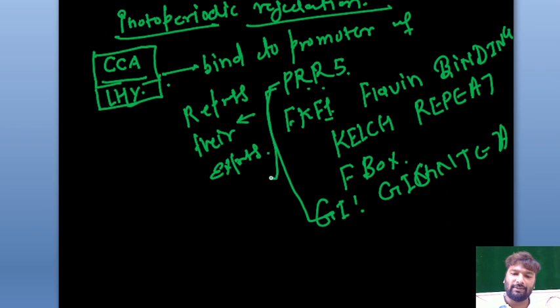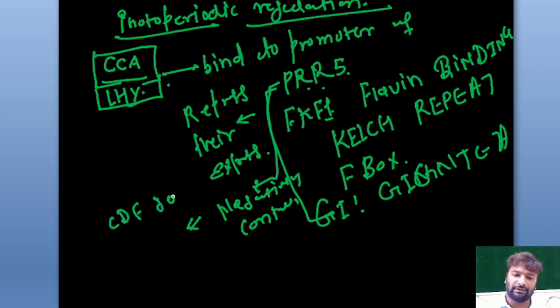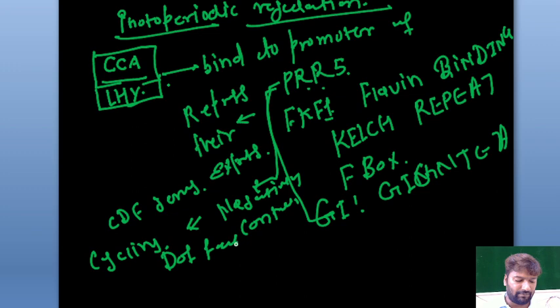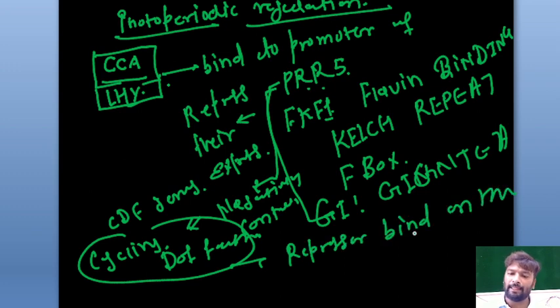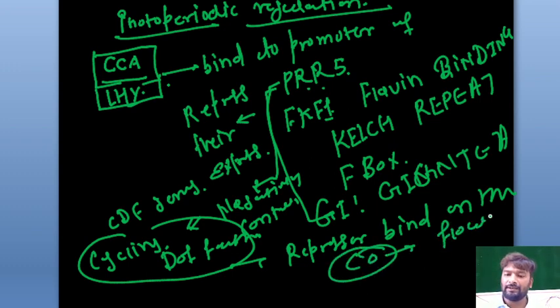This PRR5 negatively controls the CDF genes. What are CDFs? Cycling Dof factor. This is a repressor of the CONSTANS gene, and CONSTANS is a flowering gene.